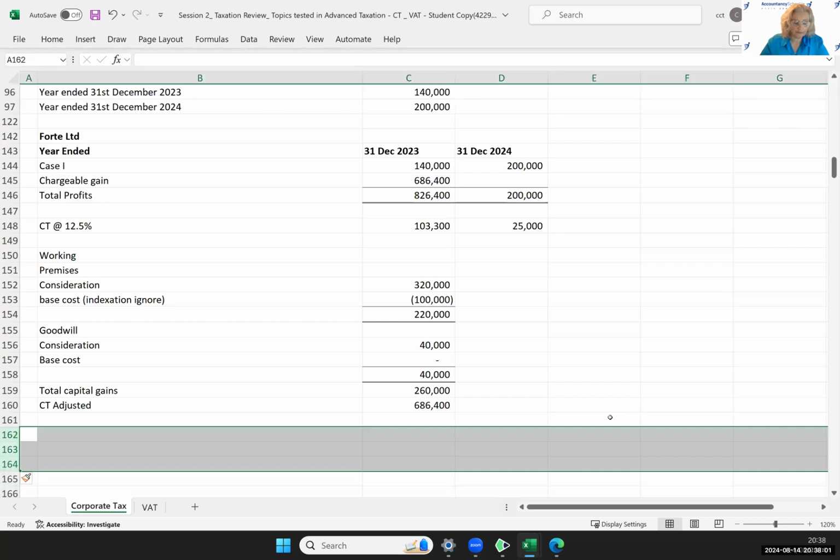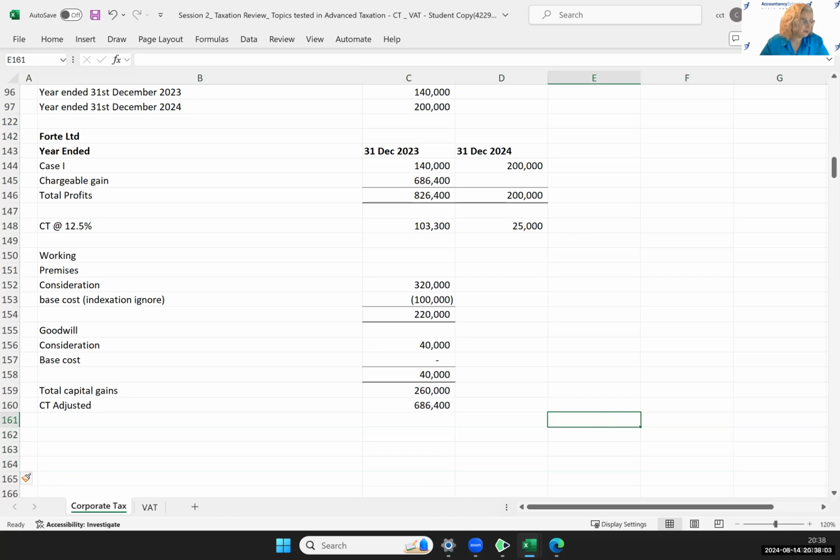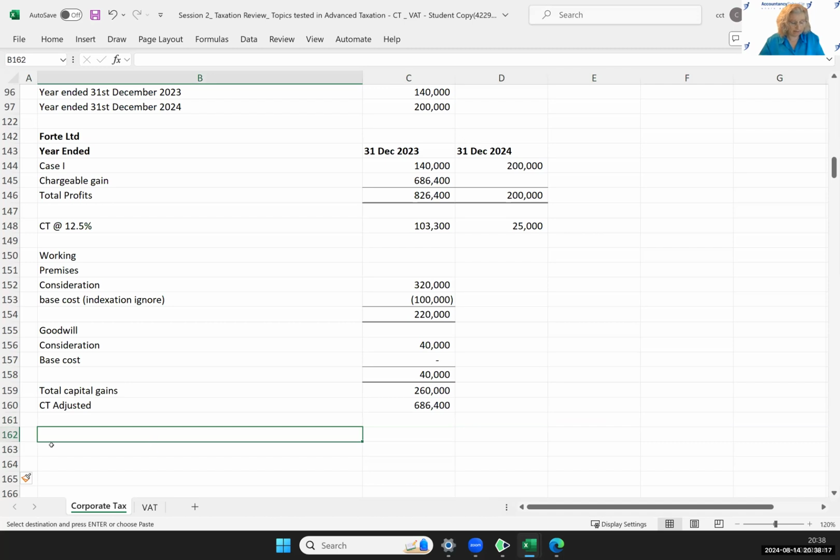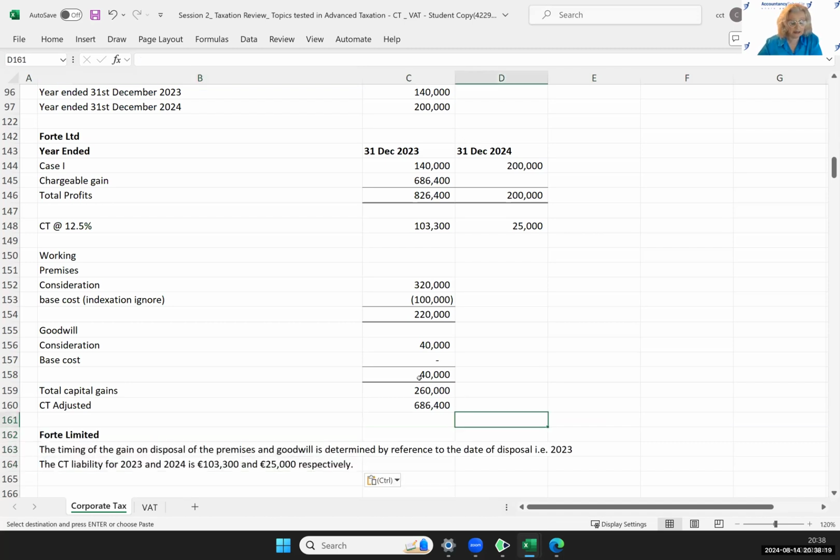No? Okay. Because we're writing a memo to our manager, we'd have to use our words to describe what we've done. So this would be in the appendix. And in our memo, we'd have for Forte Limited, first thing to remember is that I made a decision on the timing of the disposal.